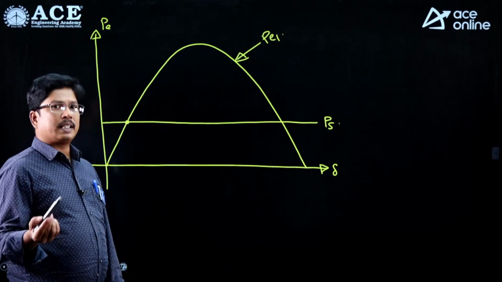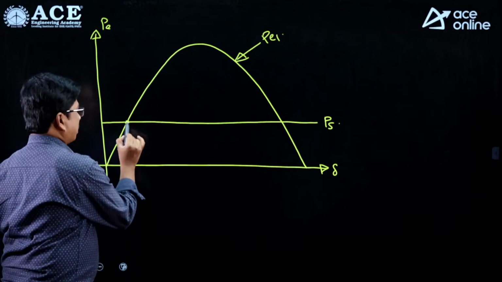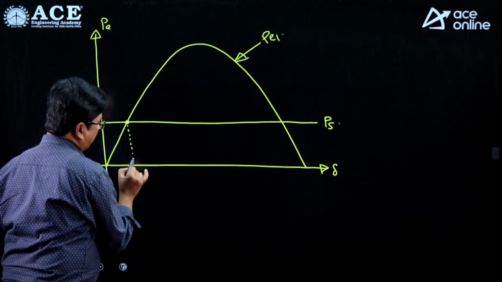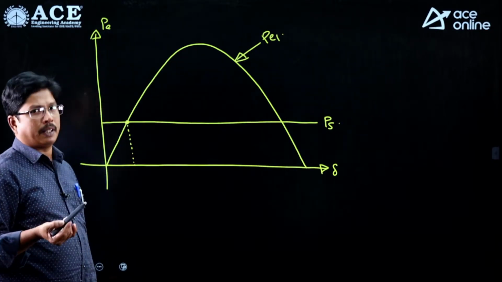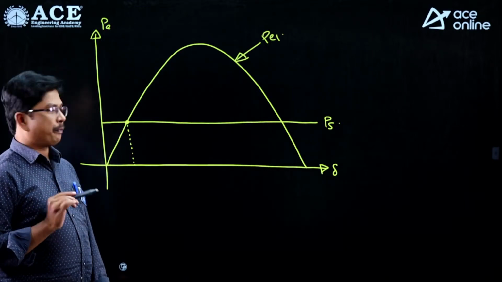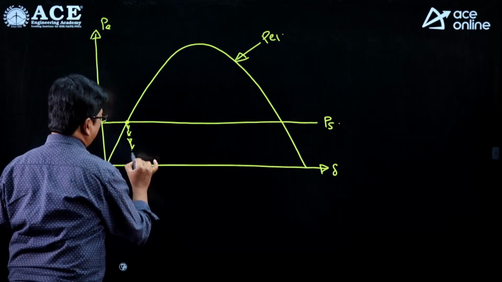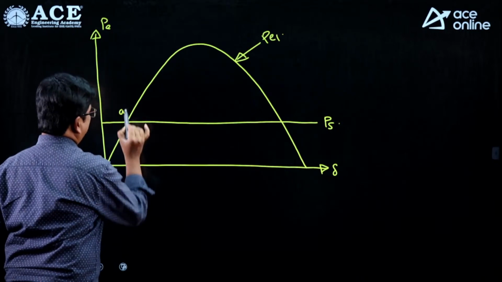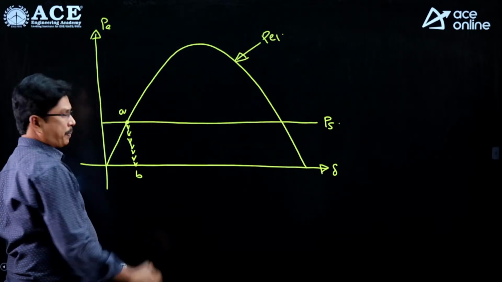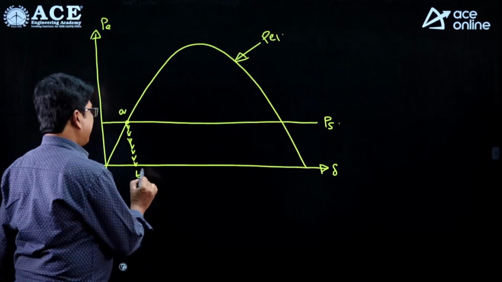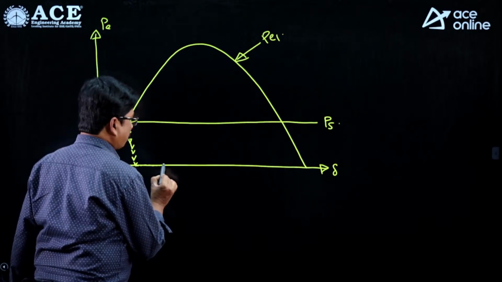Once the fault occurs close to the bus bar, the power transferred during the fault will be 0. Therefore, the operating point will be shifted from point A to point B. And the operating point will follow this 0 power line.